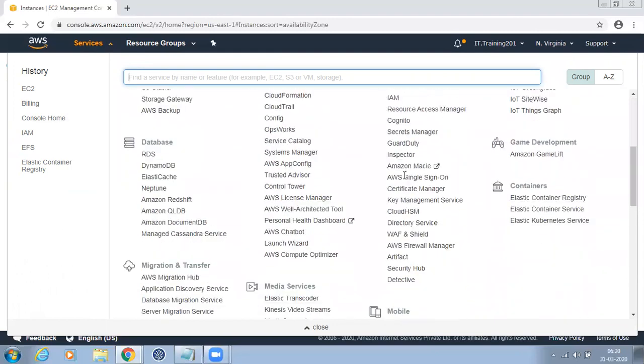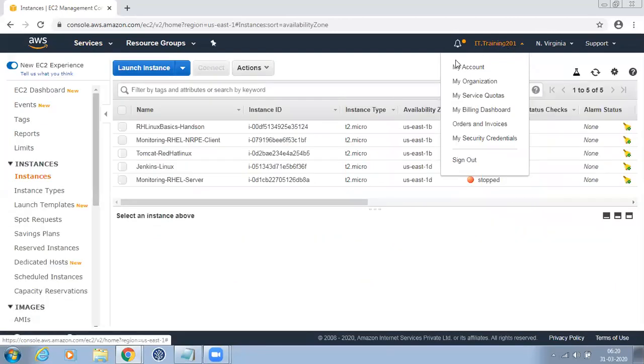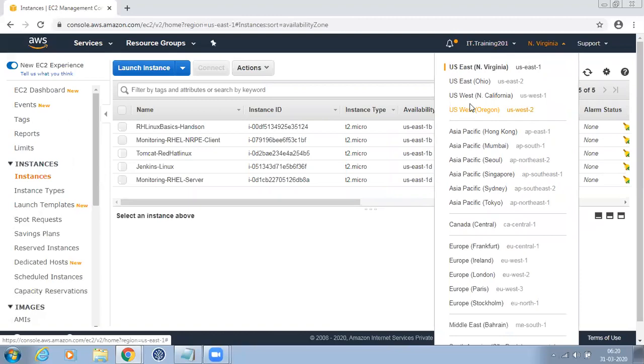So all of this comes under our infrastructure, which is called global infrastructure, including your accounts, the account we are creating, and your regions. All that comes under the setup Amazon is giving for us.